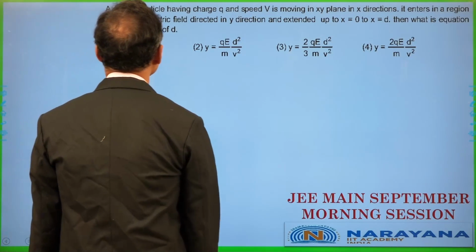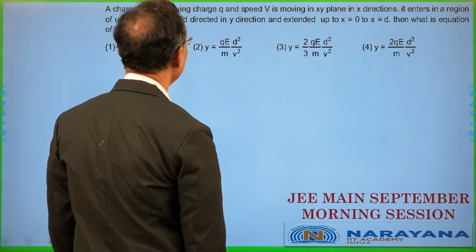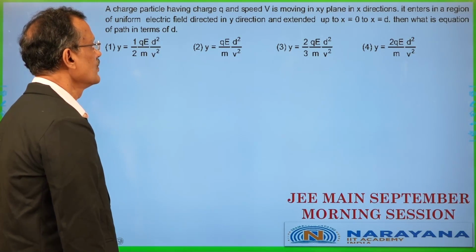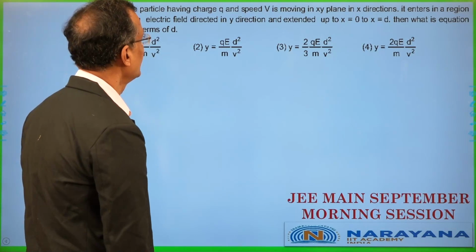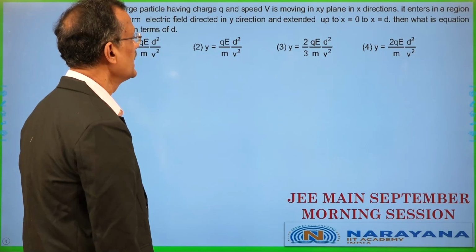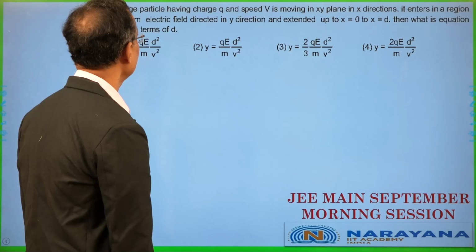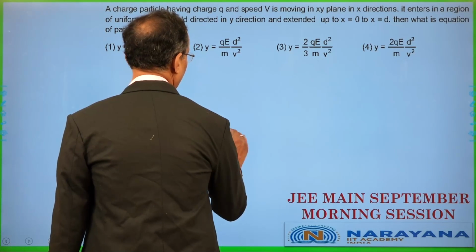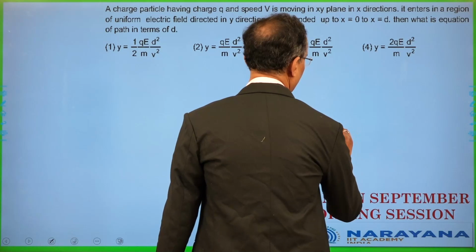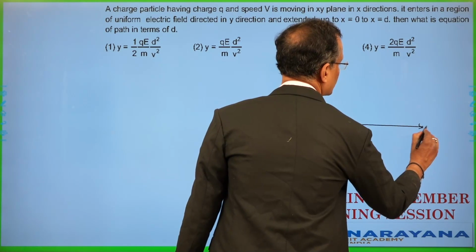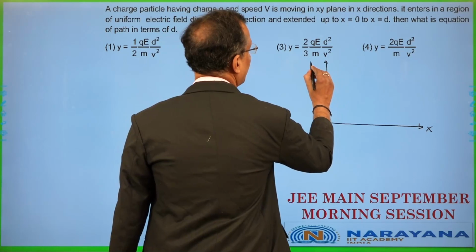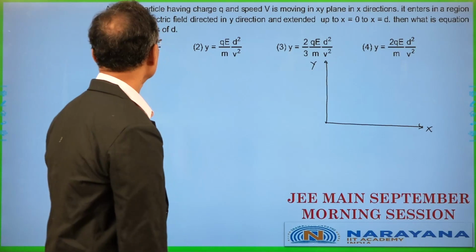Okay, a charged particle having charge Q and speed v is moving in the xy plane in the x direction. It enters a region of uniform electric field directed. So let me take here, this is the x direction, this is the y direction, correct?